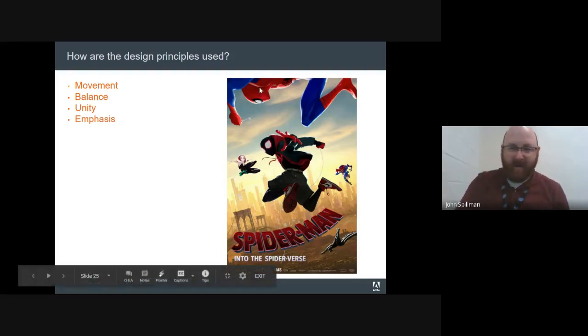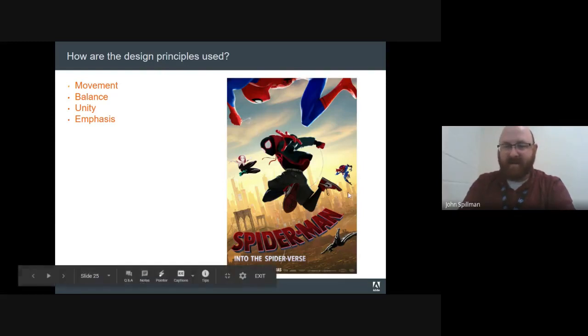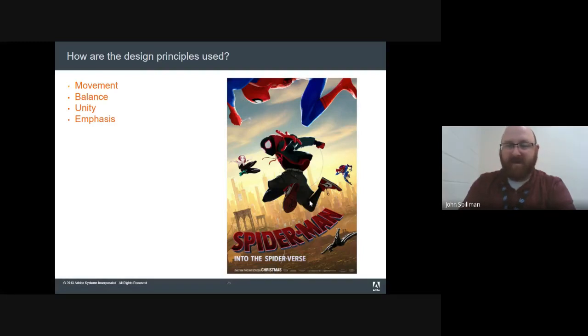All the other Spider-Men and women are kind of surrounding him. They're smaller in size, or they're not completely on the poster. So we can look at this poster and gauge how important each one of these characters is to the overall story, usually if the design is done right. So we would say Miles is the main character, definitely.